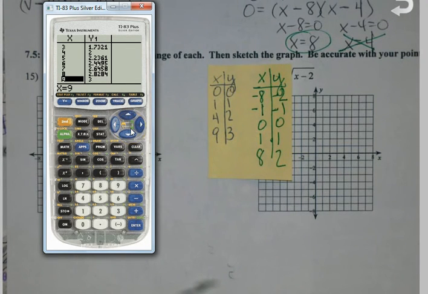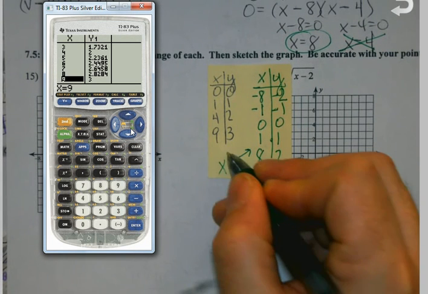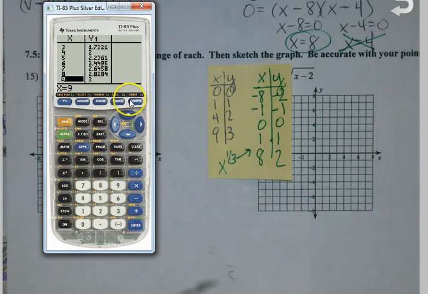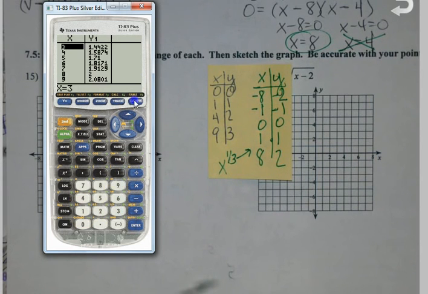If it's the cube, reminder, the cube root can be put into the calculator by doing something to the 1/3. So, I just do x to the 1/3, and then again, if I look at my chart, there's the -1, there's the 0, there's the 1, and if I keep scrolling along, there's my -8, and I can get all those base numbers.